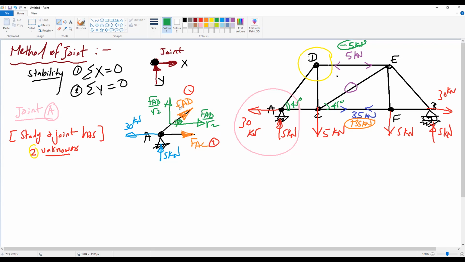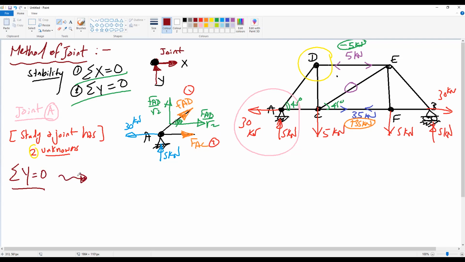How can we find the forces? Can we start with summation x or summation y equation? How many unknowns in x? If we study x direction, we will have 2 unknowns, FAC and FAD by root 2. So it's better to study summation y equal to 0 at the beginning.